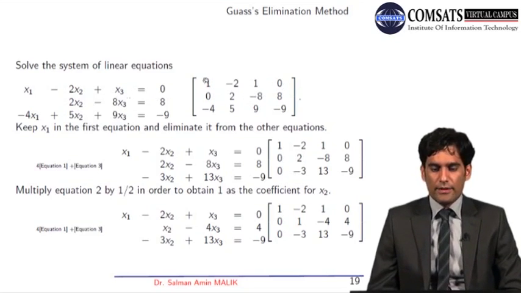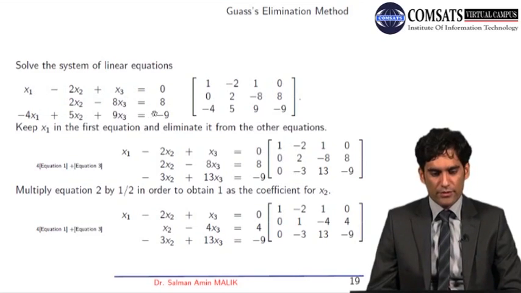So in the first position of the augmented matrix we have 1, and if we want to eliminate, we see that there is no x1 in the second equation, and we have to eliminate this x1 from the third equation, which is here. Keep x1 in the first equation and eliminate it from the other equations. This is the process of elimination.